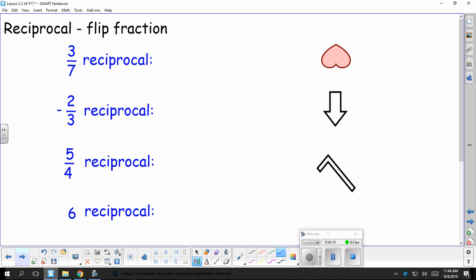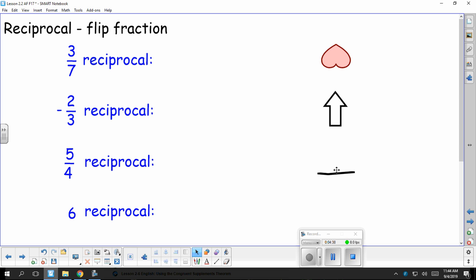So the key to dividing fractions is multiplying by the reciprocal. So what a reciprocal is, is just something flipped over, upside down.